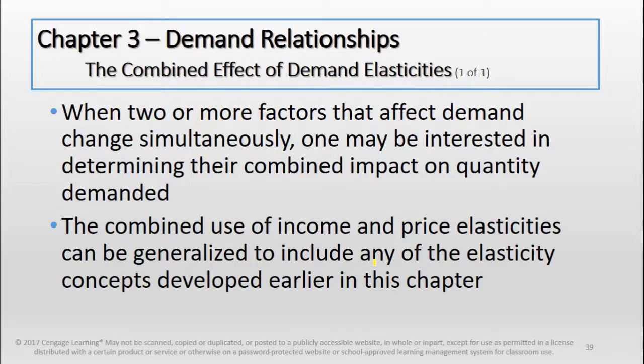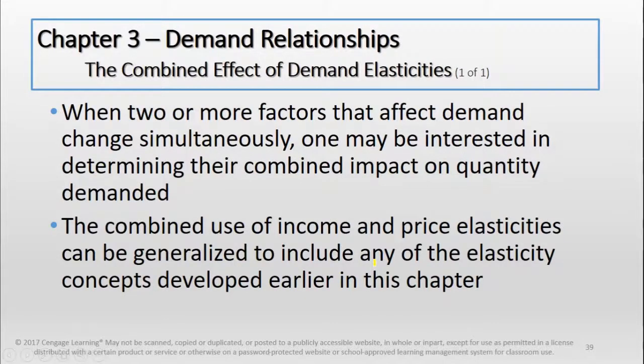So if you combine the determinants, the combined use of income and price elasticities can be generalized to include any of the elasticity concepts developed earlier in the chapter. I don't know if I can show it here. What it means is that it combines the changes in your price and your income elasticity.